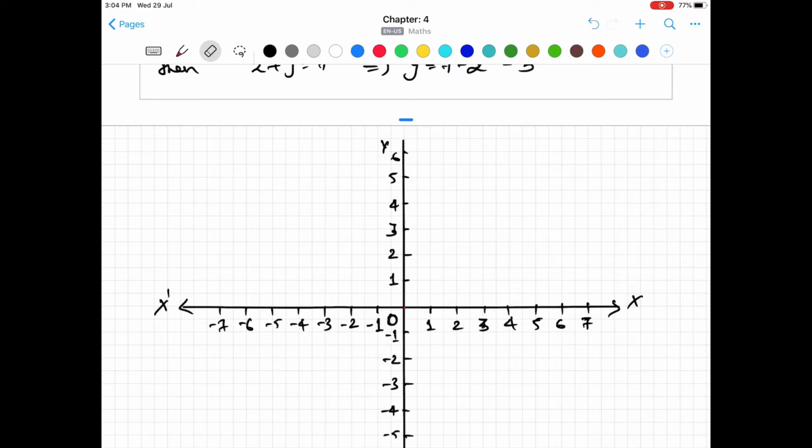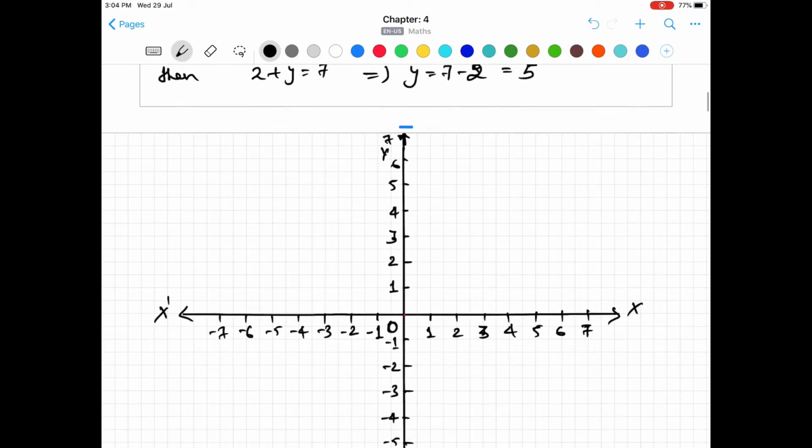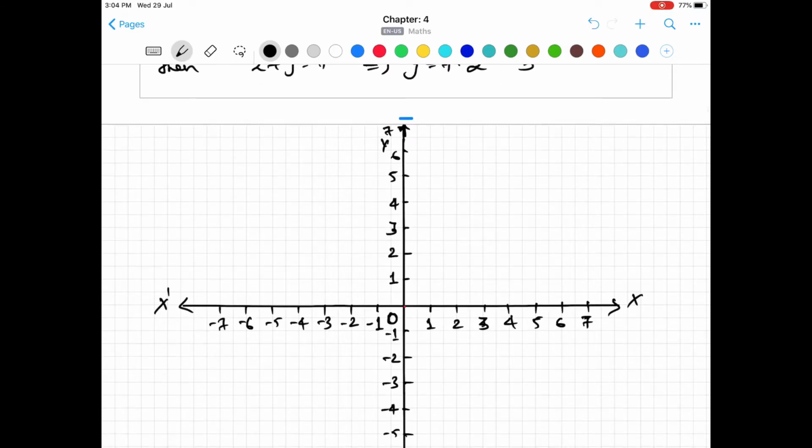Let me correct this. If we extend this further, here we will have 7. So the first point is x 0 and y 7, and that point will be here on the y-axis only.